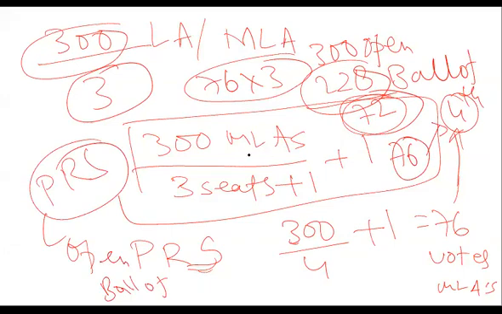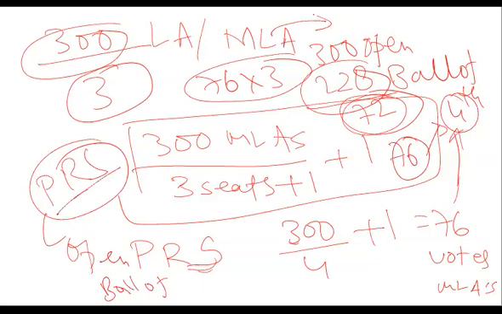Proportional representation means every party having some MLAs in the legislative assembly of that state shall get seats in the Rajya Sabha from that state in proportion to its number of MLAs. If it has the required number of MLAs, then it will get a seat from its particular state to the Rajya Sabha. And this is the major point about proportional representation system.